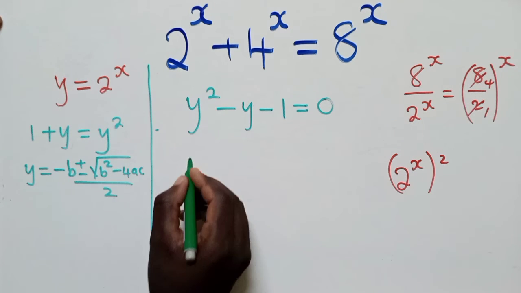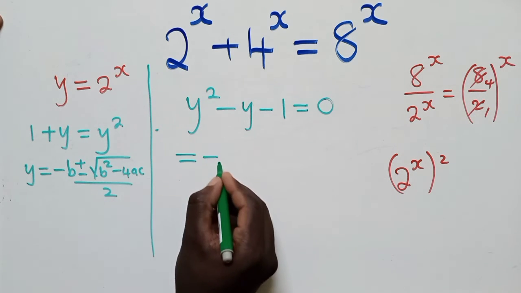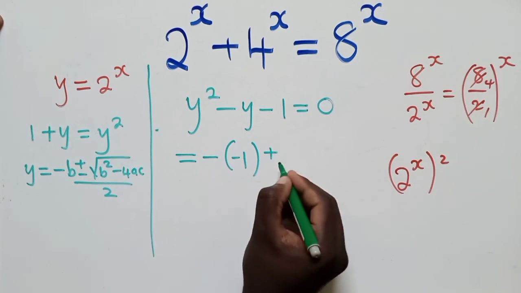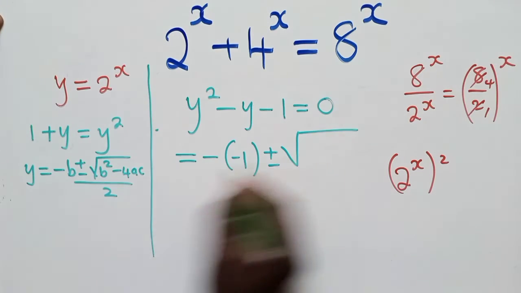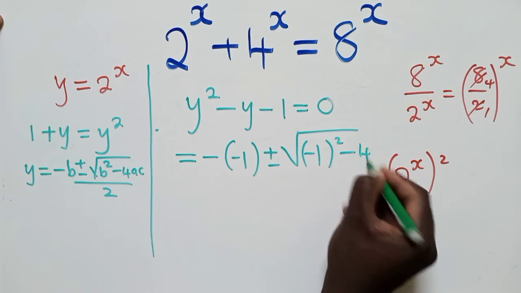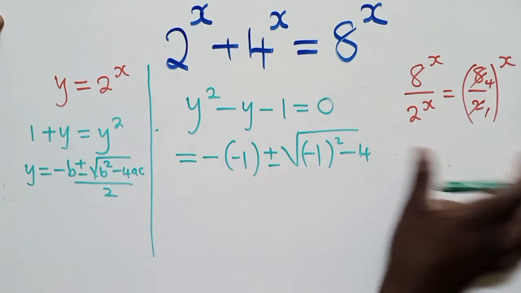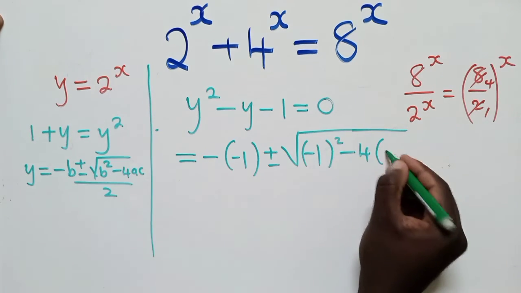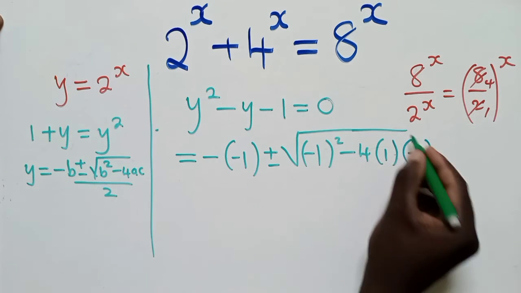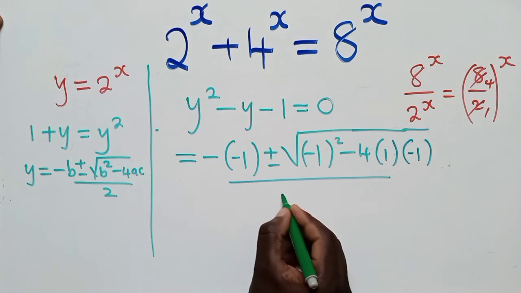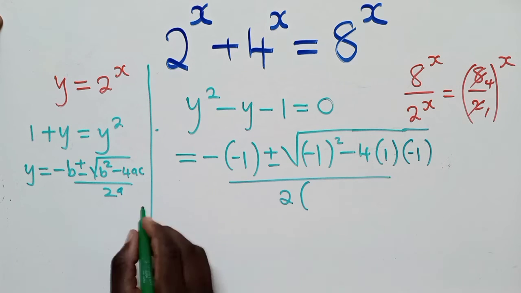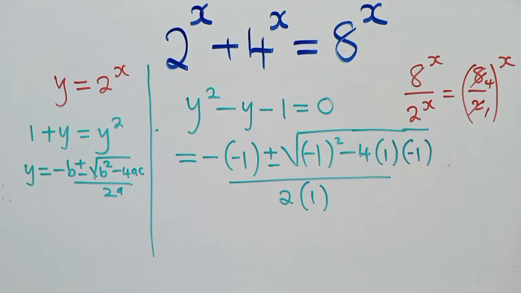Now using this formula, our b is negative 1, so negative b is 1, plus or minus the root of (negative 1) squared, minus 4 times a, which is 1, times c, which is negative 1, all over 2 times 1.